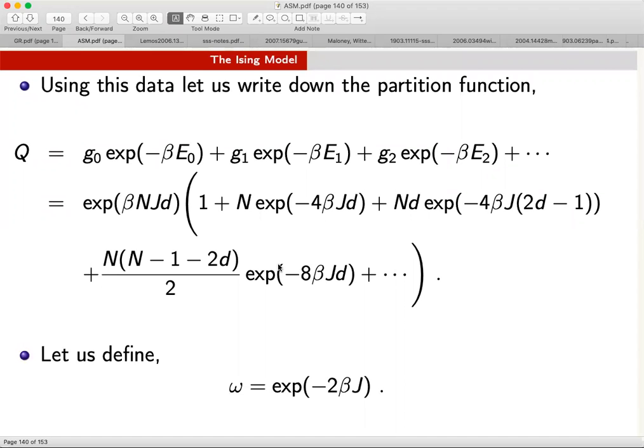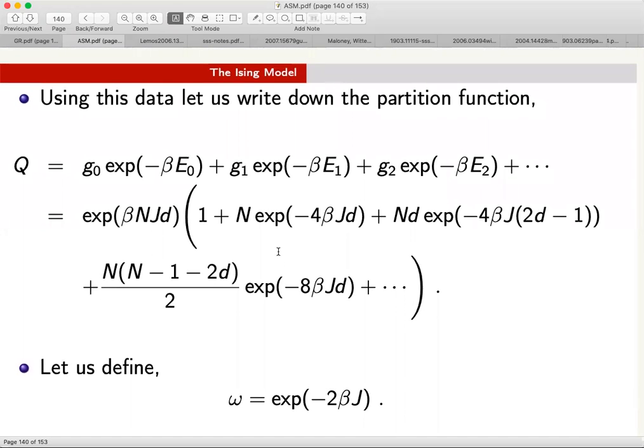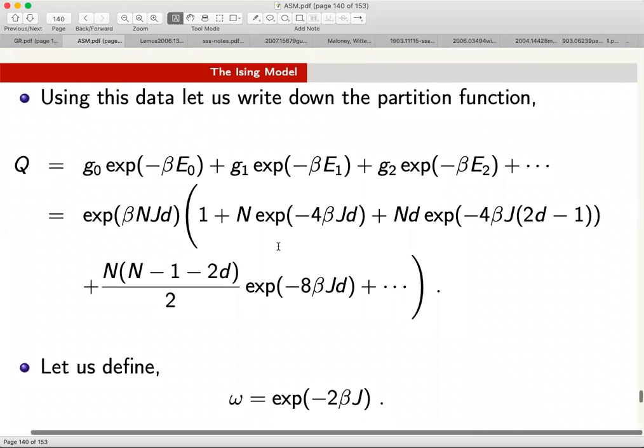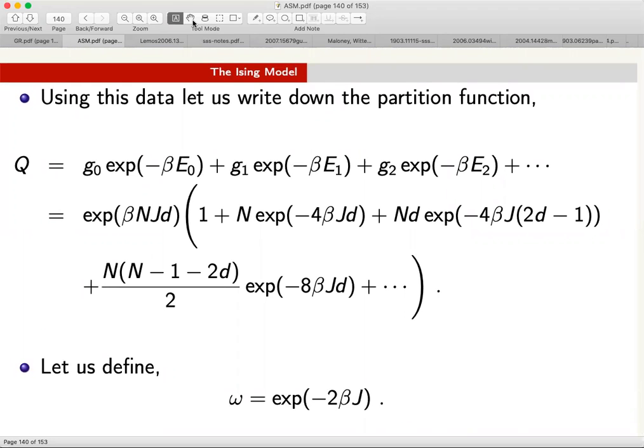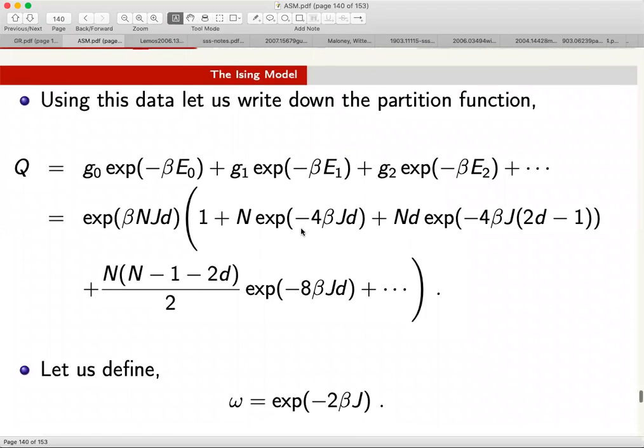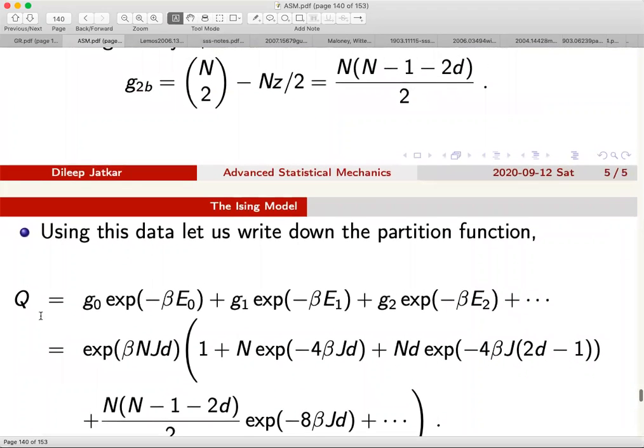Is that point clear? Would you go through this expression again? Yes. What I am saying is the following: I am writing the partition function as a sum over states, with each state's degeneracy.